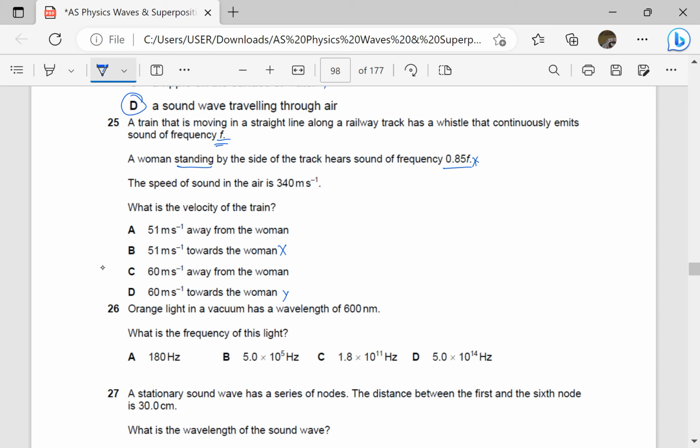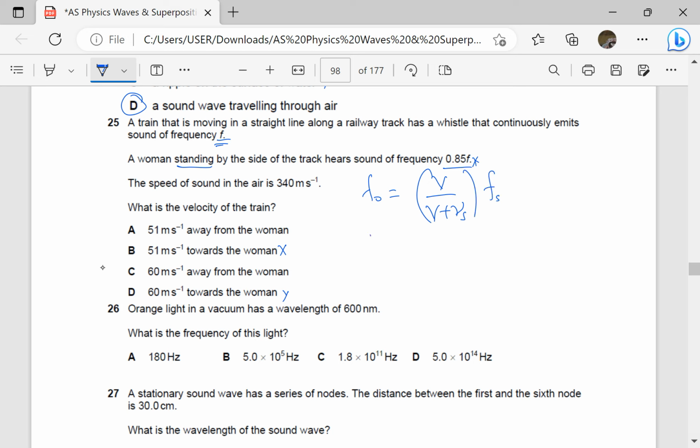So what is the velocity of the train? From observed frequency is equal to v over v, because it is moving away from the woman, this will be plus the speed of the source, then times the frequency of the source.